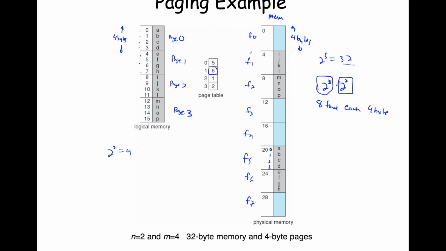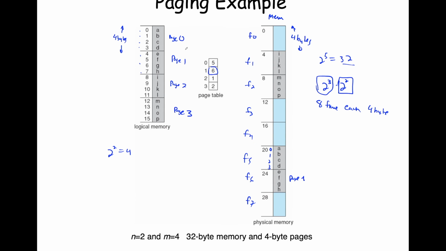It's this entry. So if we go 0, 1, 2, 3, 4, 5, 6, there's our page number 1. We see the E, F, G, H loaded into frame number 6.